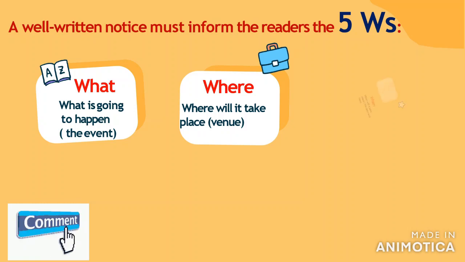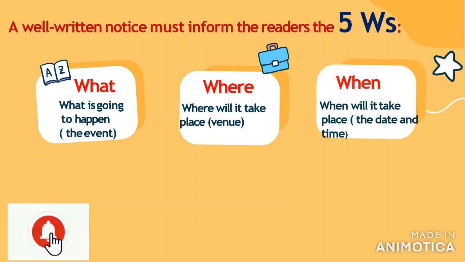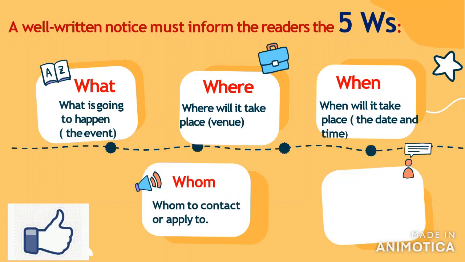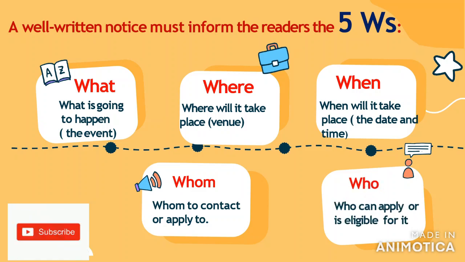Thirdly, it should inform us when the event is going to take place, that is, the date and time. Fourthly, it should give us an idea as to whom we should contact or apply to when we have a doubt or need additional information. Last, but certainly not the least, a notice should clearly mention the persons who can apply or who are eligible for it.